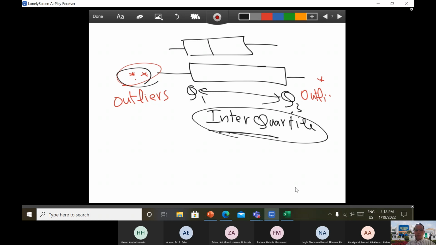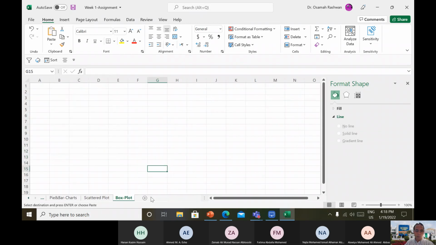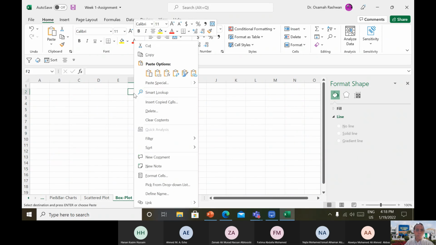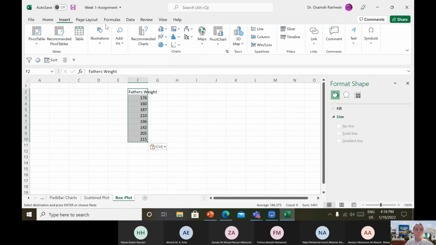Good. Now let's make a box plot for quantitative data. I'll take this one, paste it here, and go for insert. Where is the box plot? Can you see it?